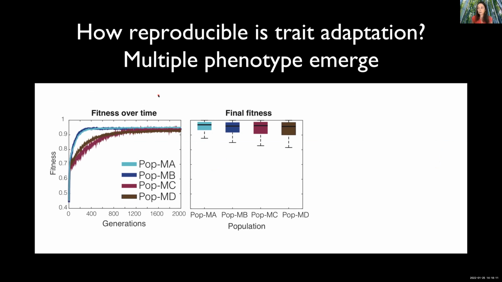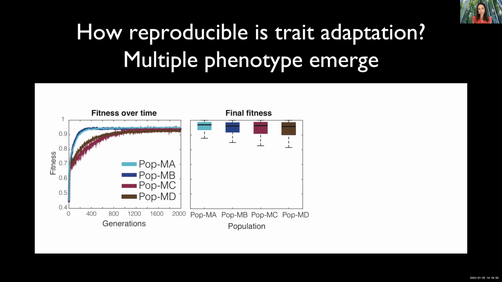All right, so how reproducible is trait adaptation? Do we see multiple phenotypes emerge? And the answer is yes, we see multiple phenotypes observed, but not an infinite number of possibilities. It's a stochastic model, so we have to run it many times, and that gives us an estimate of the kind of variability that one might expect in the system.